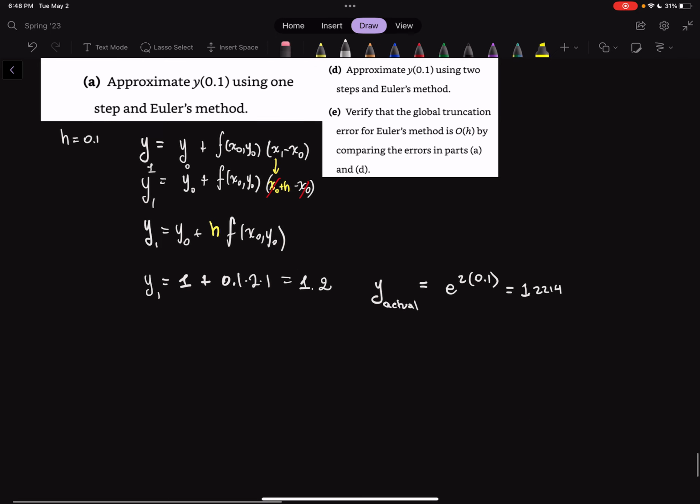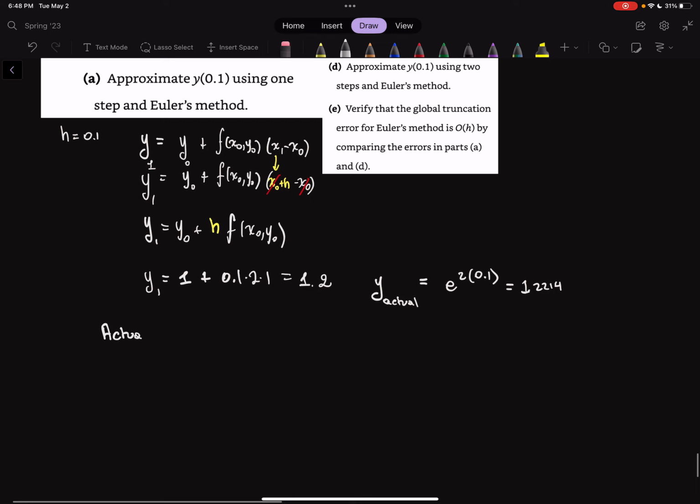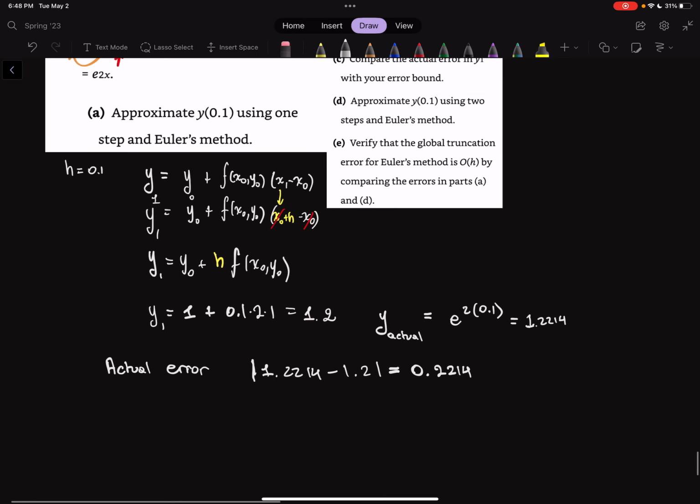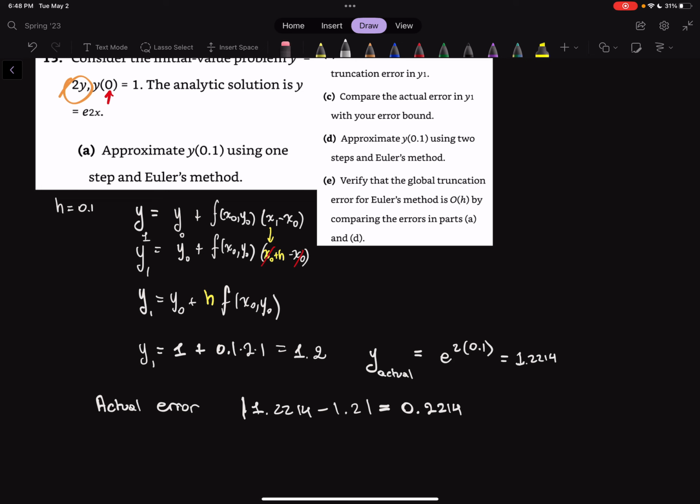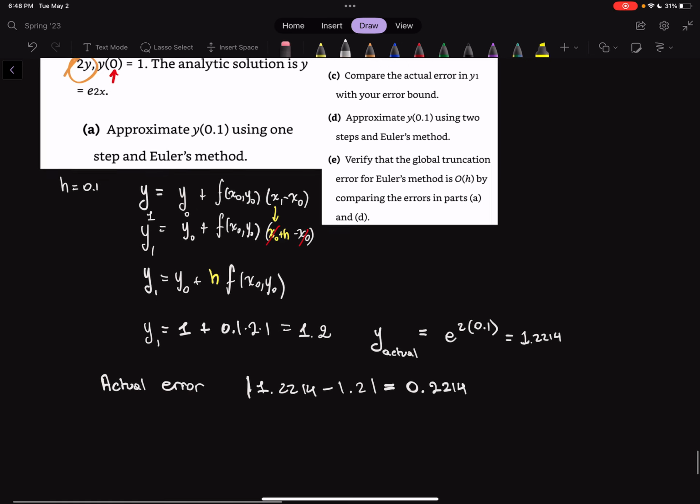So the actual error is going to be the absolute value of 1.2214 minus 1.2, which is equal to 0.0214. Now, so we actually did part of part C.